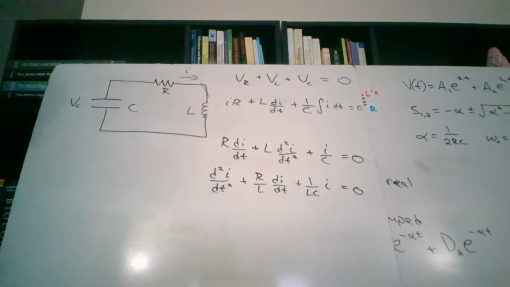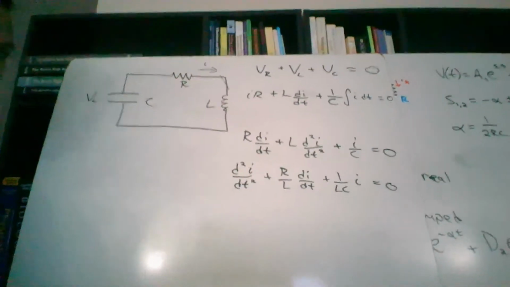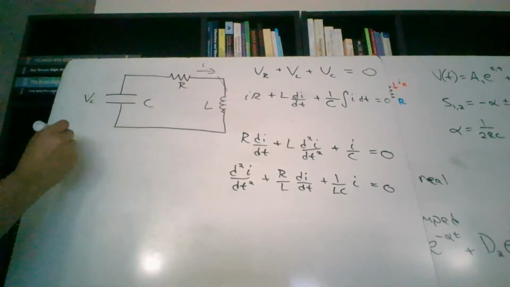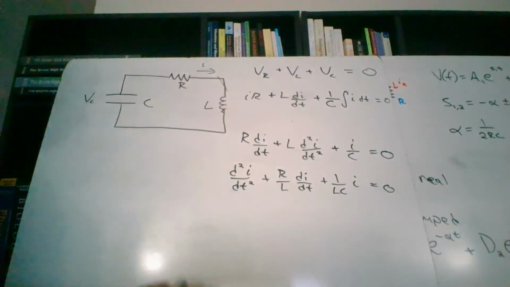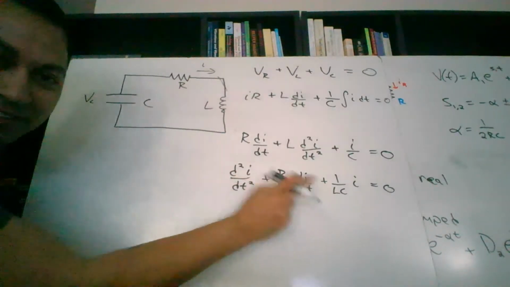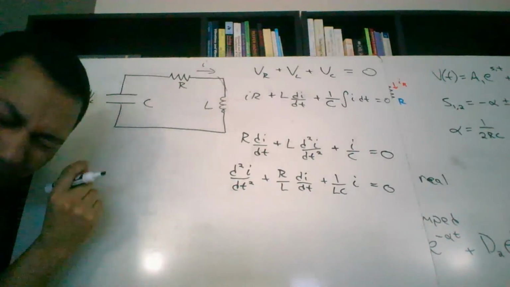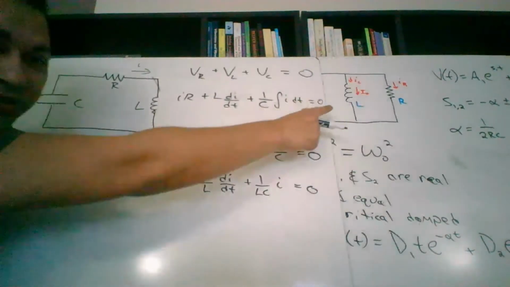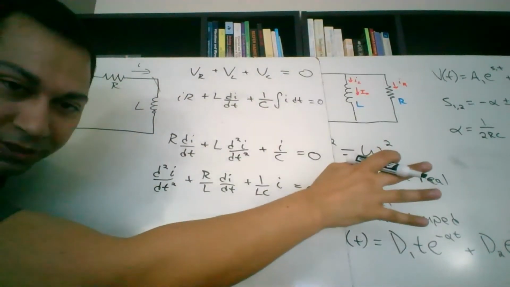All right. And so for the series circuit, we're going to get the same characteristic equation. We're going to start with just our guess, but this time we're going to do it in terms of I's instead of voltages. When we did the parallel circuit, we started with current and we got derivatives of voltage.